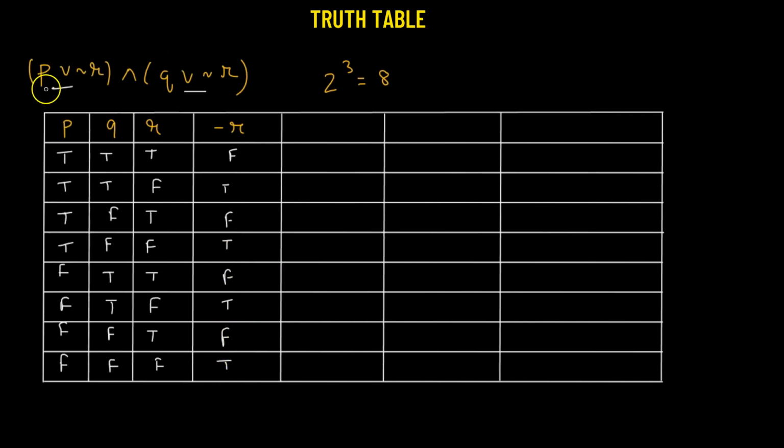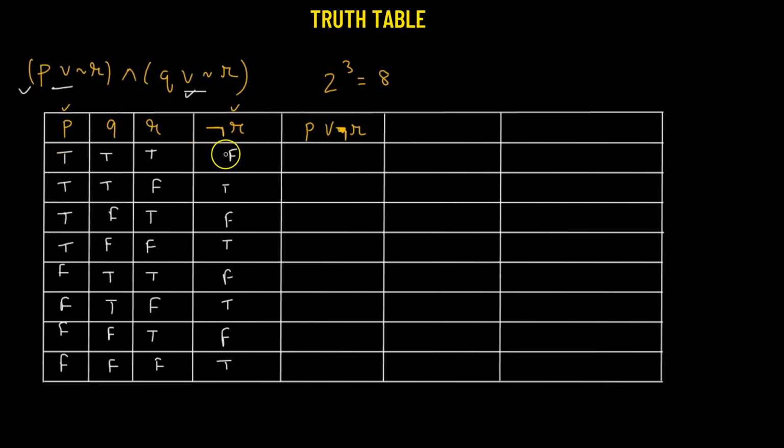Then we can go with either this parenthesis or this. Let me start with P or not R. We'll consider column number 1 and column number 4. This will be true only when one of the entries is true. Here I use this new symbol instead of a tilde.